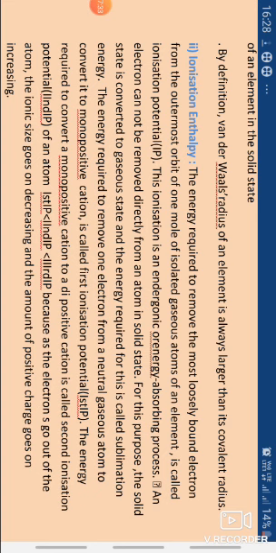Then to remove one electron from that atom in its gaseous state, the energy is called first ionization enthalpy or first ionization potential. If you want to remove a second electron also, you have to add some energy to the atom, and that energy is known as second ionization enthalpy or second ionization potential.